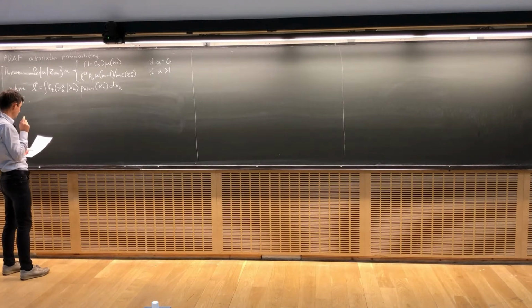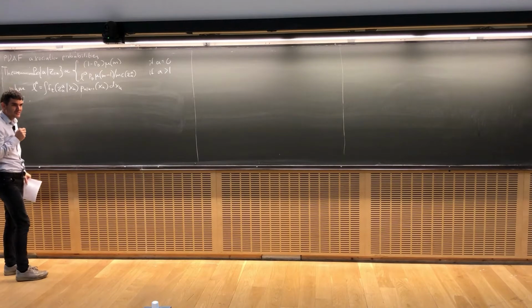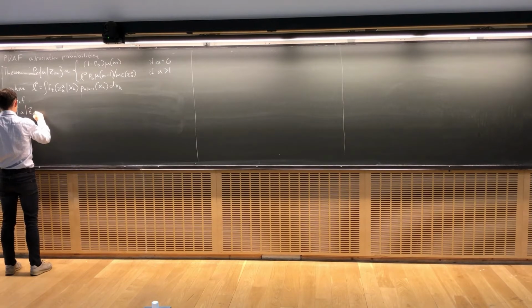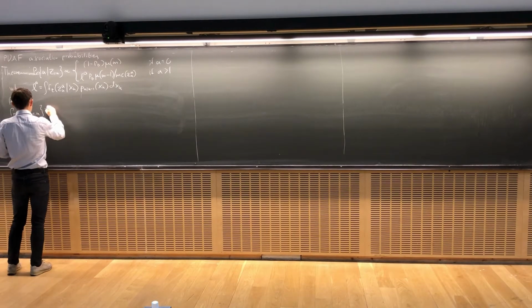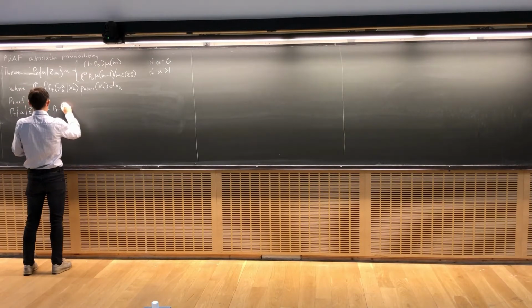Well, first of all, I need to relate the association events with information carried by the current measurement set. So this is my starting point. Then I'm going to expand this a little bit before I do anything more.